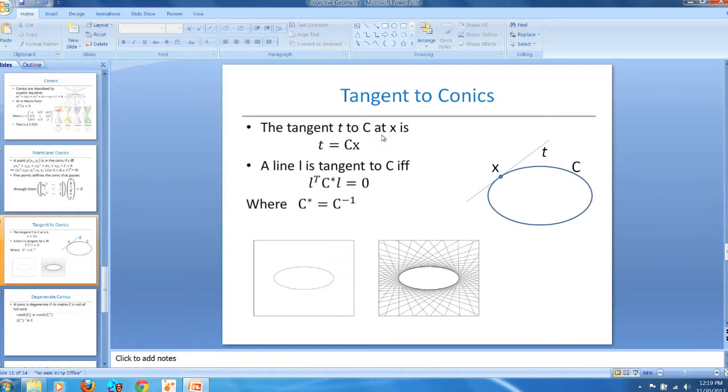Now, what we call C star is pretty much the inverse matrix. But the requirement is that the inverse matrix be of the same rank as the matrix itself. That means during the transpose we don't lose dimension. Is that clear?